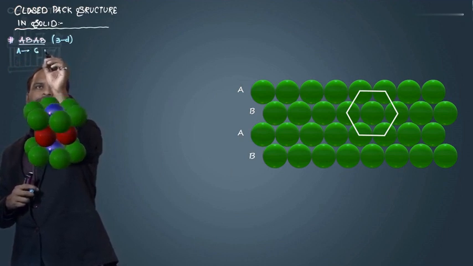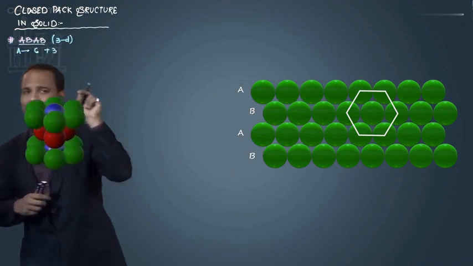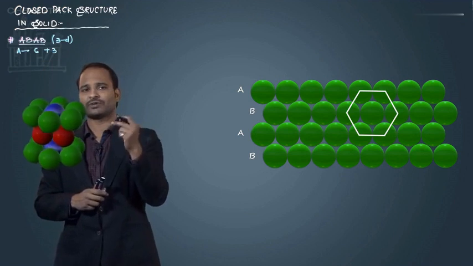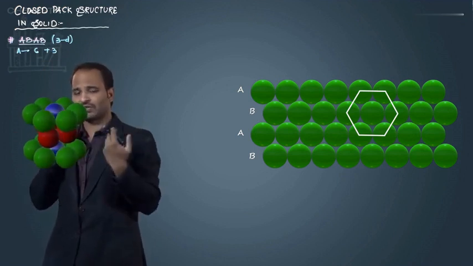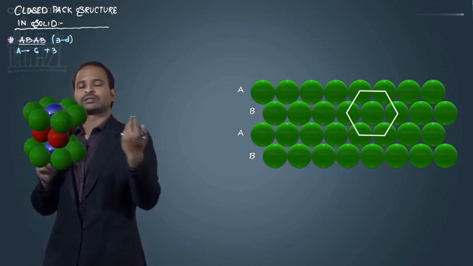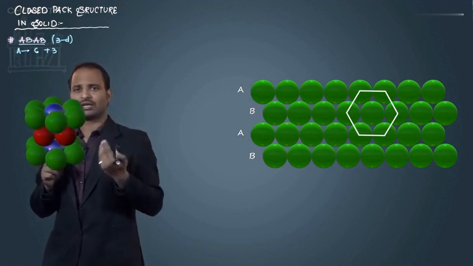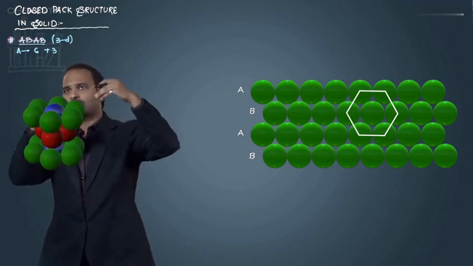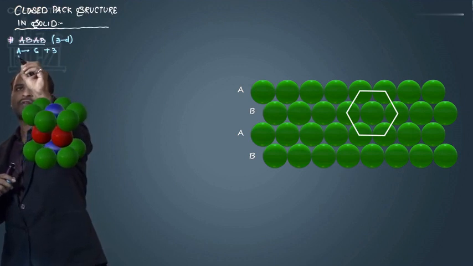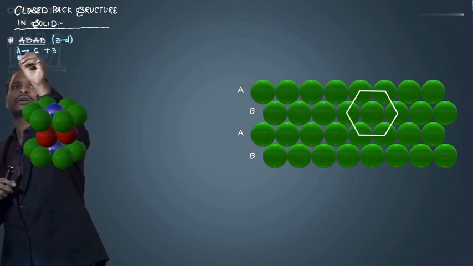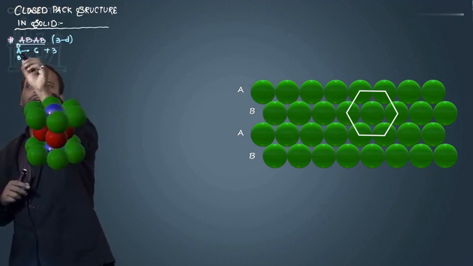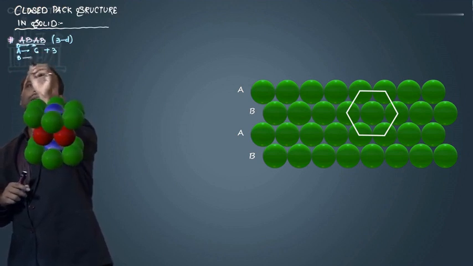Above A, B will come. The B sphere, which is present at the center of the first layer, is surrounded by the 6 spheres of the same layer. 3 in the layer above, that is B, will be there. After A, the B will come, and above A again the B will be there. So A is 6, B will be 3, and again B will be 3.